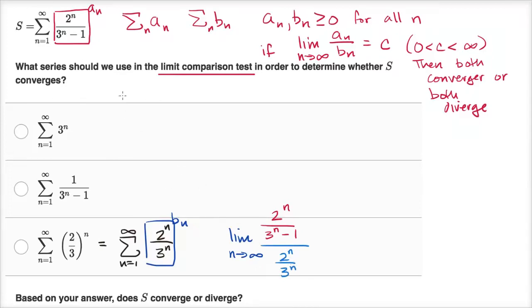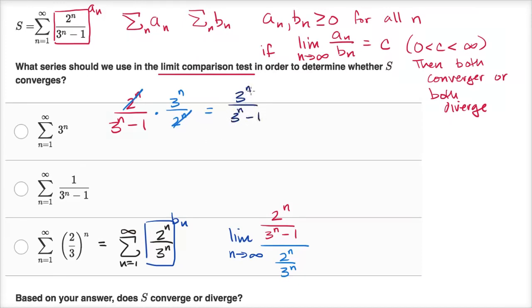This is going to be the same thing as 2 to the nth over 3 to the n minus 1 times 3 to the n over 2 to the n. Divide the numerator and denominators by 2 to the n. Those cancel out. And so this will give us 3 to the n over 3 to the n minus 1.